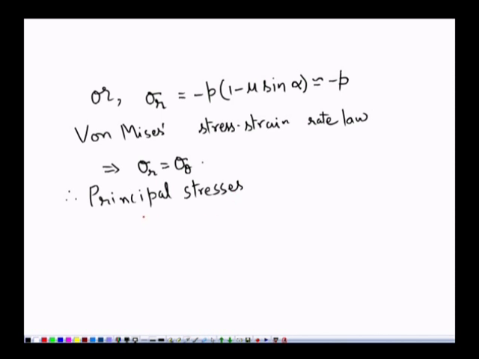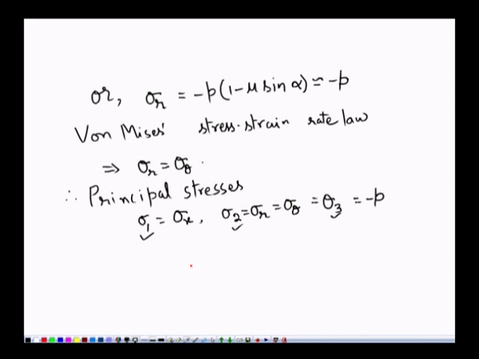Sigma 1 is equal to sigma x, and sigma 2 is equal to sigma r in the radial direction, which is equal to sigma theta, also equal to sigma 3. So we have sigma 1, sigma 2, sigma 3, and finally this value is nothing but minus whatever the force we are applying.